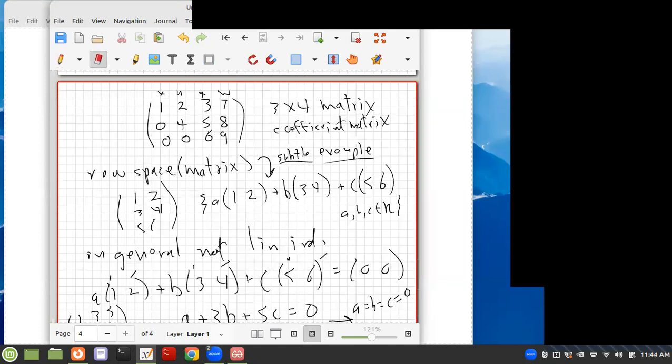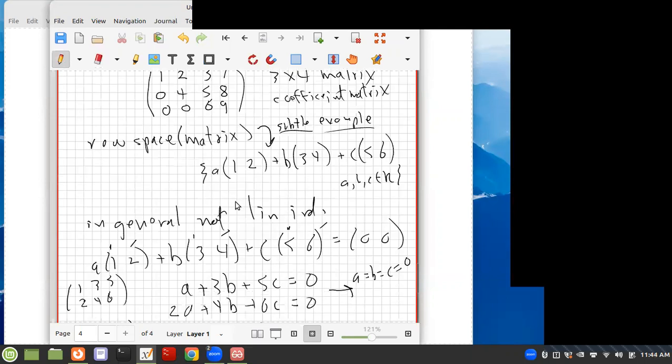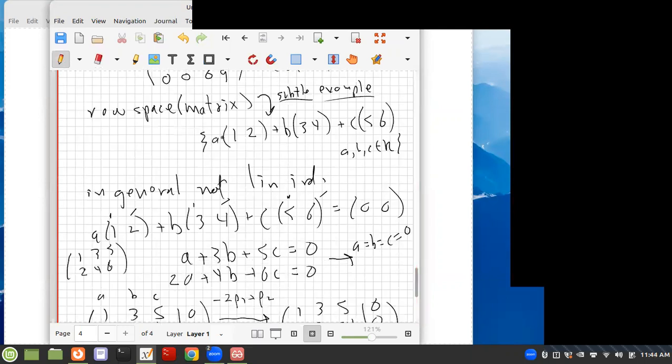Because I wanted this matrix, but that was the problem. So this linear system of three, this space here is 1, 2, 3, 4, 5, 6. That is the row space of this matrix.